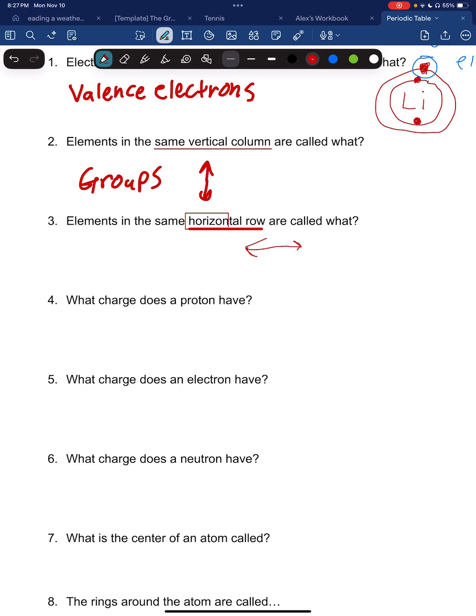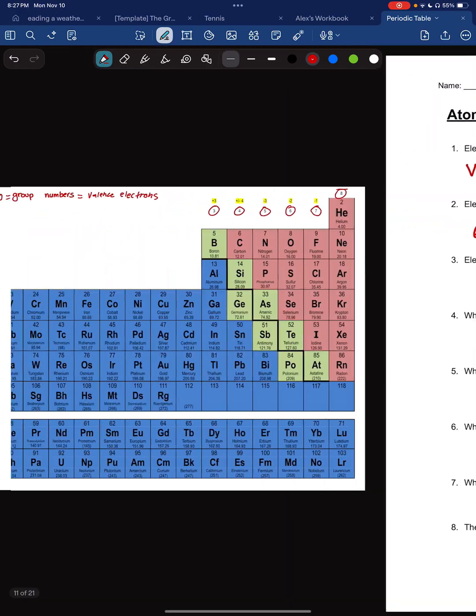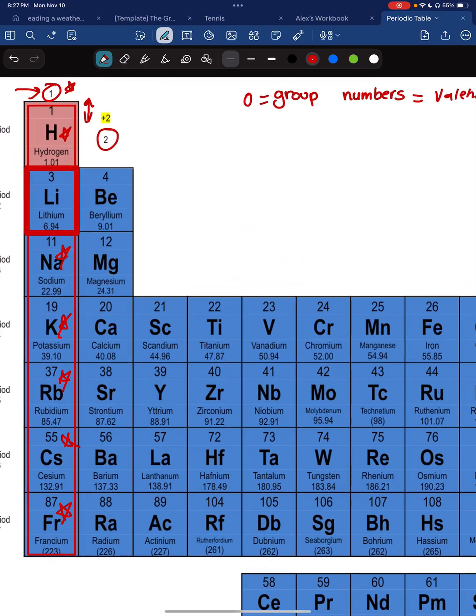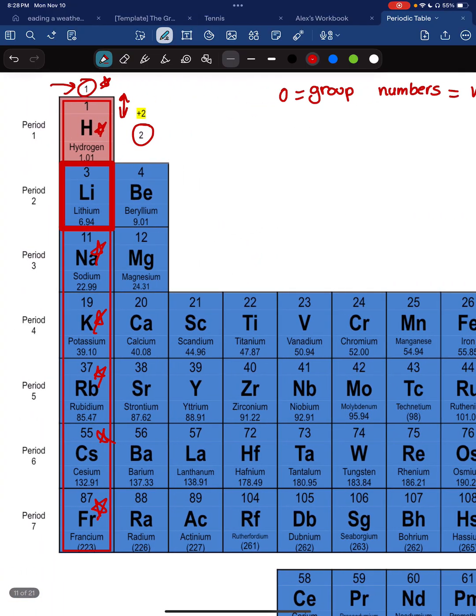So what are these horizontal rows called on the periodic table? If we go back to our periodic table, you will see these things over here are called periods. Each period is located on this left side here.